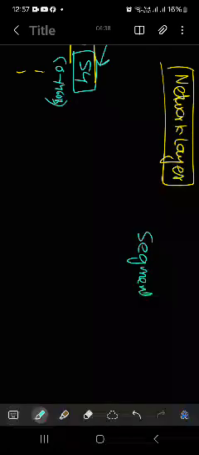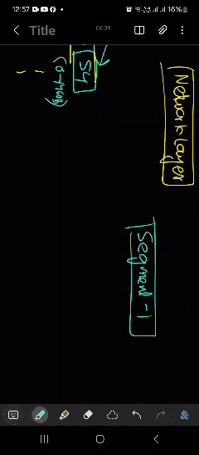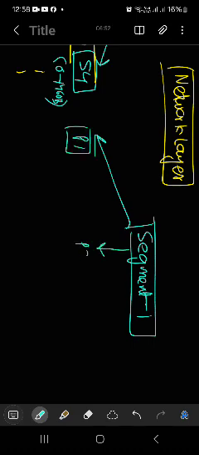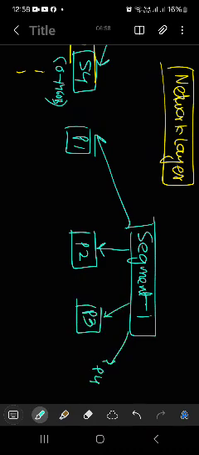Let's say this is the first segment which has reached the network layer. So what does the network layer do? It divides this segment into packets. Let's say this is packet 1, this is packet 2, this is packet 3, and this is the fourth packet, P4.